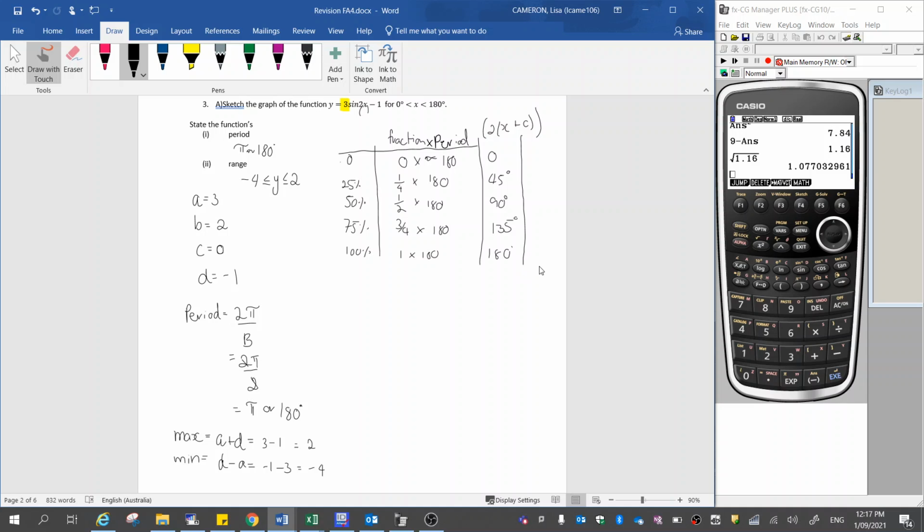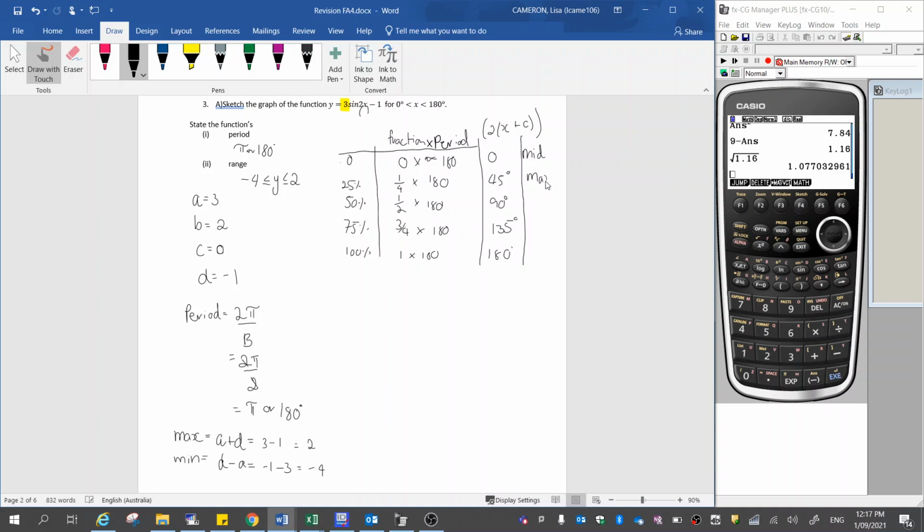Now, the next thing that I'm going to fill in is just what this means. For this one, we're looking at a sine graph, which means we're going to start in the middle, go to a max, back to the middle, down to a min, back up to a mid. So I'm just going to write that next to it so I know what each of these coordinates along the x-axis really represent.